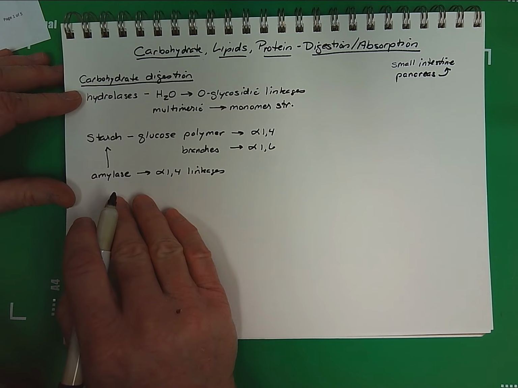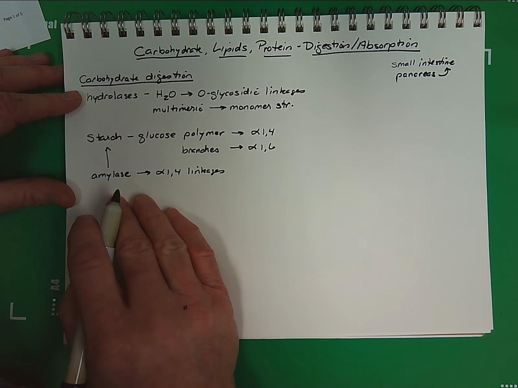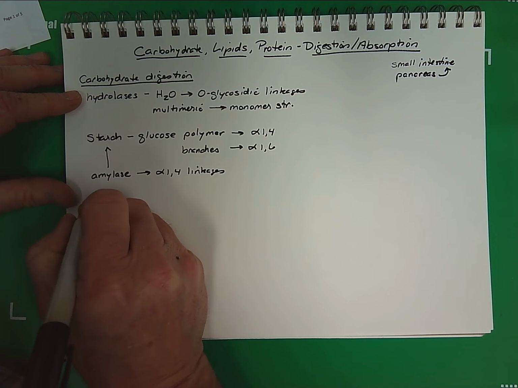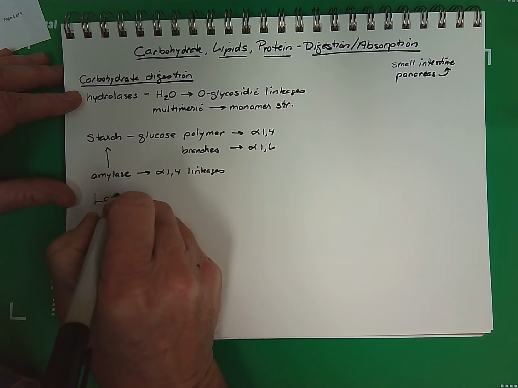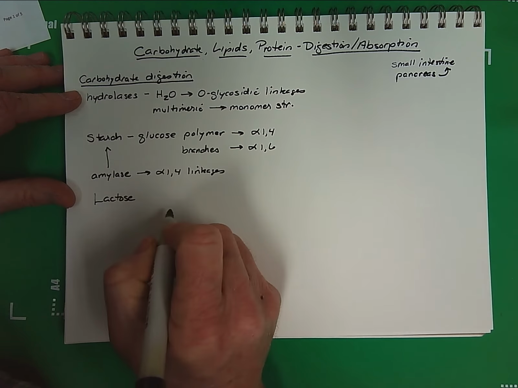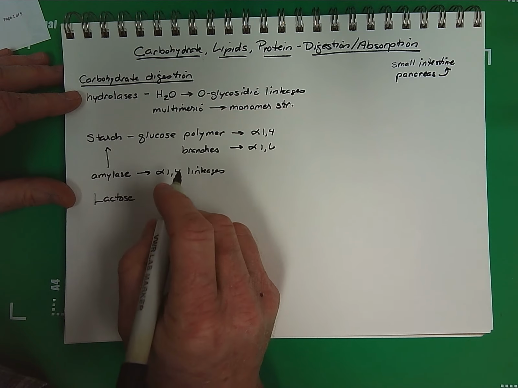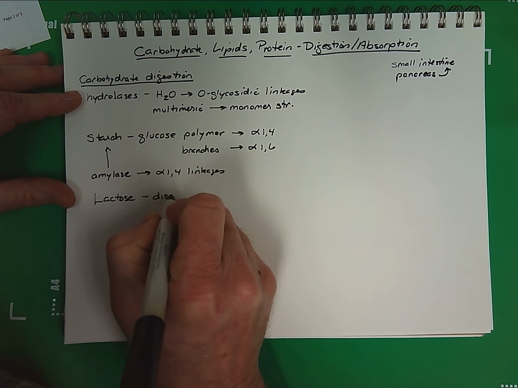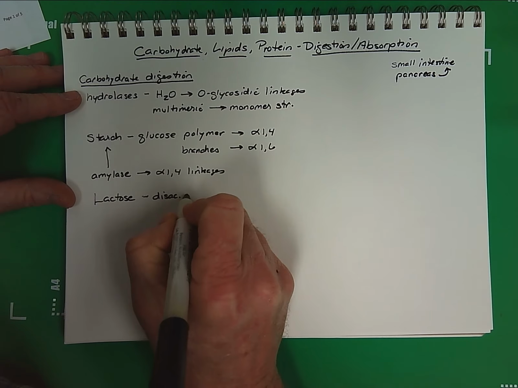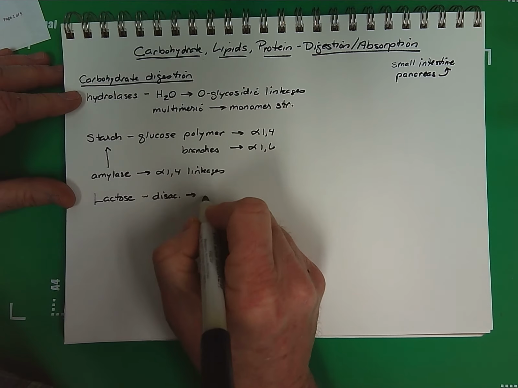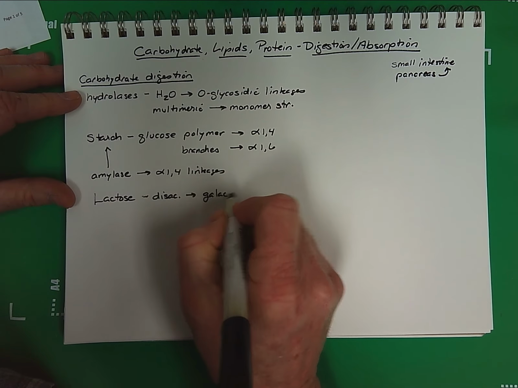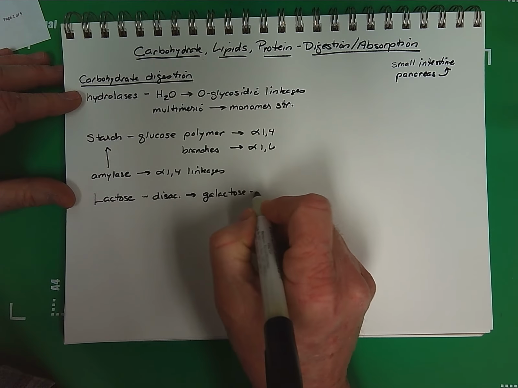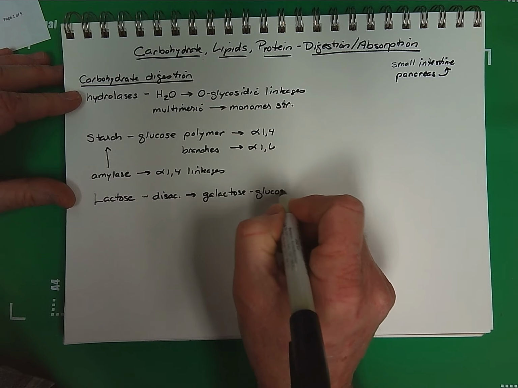The next enzyme we need to talk about is going to be processing the carbohydrate lactose. Lactose, recall, is a disaccharide, and it is composed of galactose and glucose.